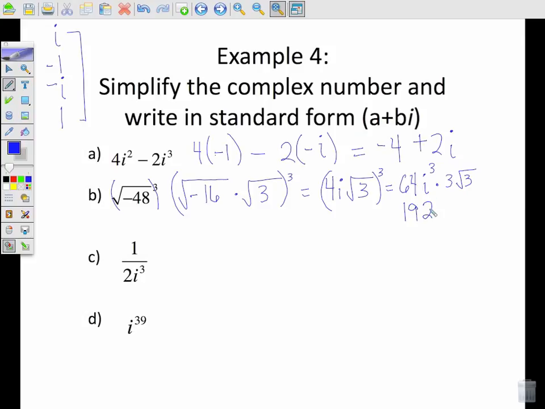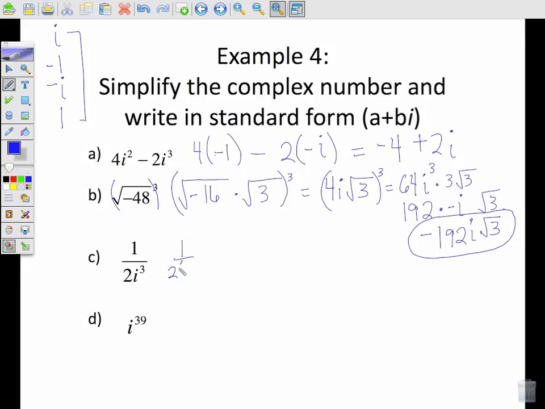So final answer, 64 times 3 is 192. i to the third is a negative i, and we still have this square root of 3, so negative 192i square root of 3. That was a doozy. Keep simplifying and substituting what you know.